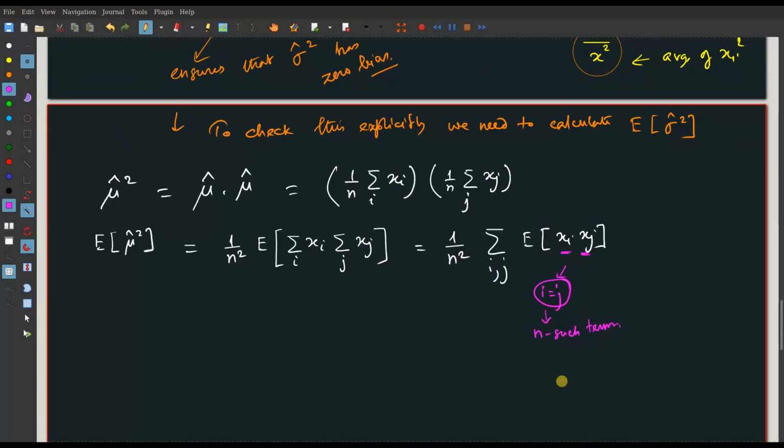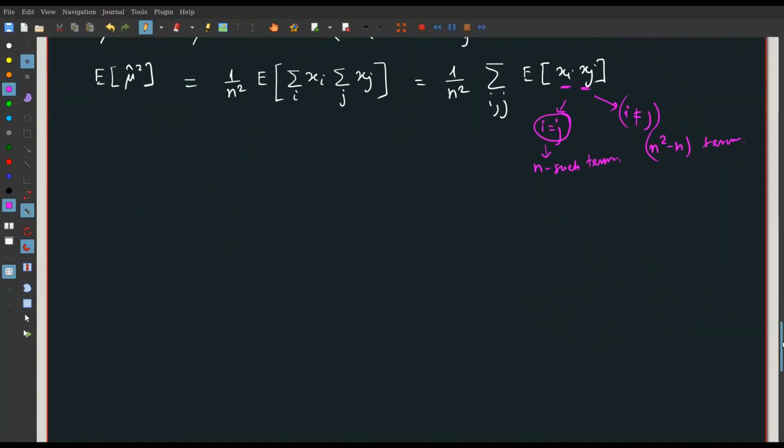And then there is i not equal to j, the off-diagonal terms. How many are there? The total number of terms is n square, because i runs from 1 to n and j runs from 1 to n, and with n diagonal terms, you have n square minus n terms. So you compute those two things separately.